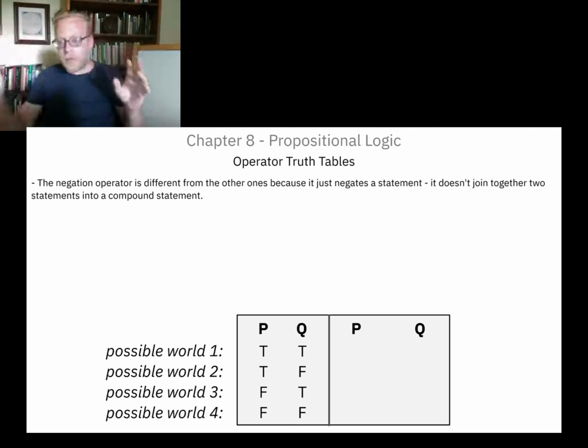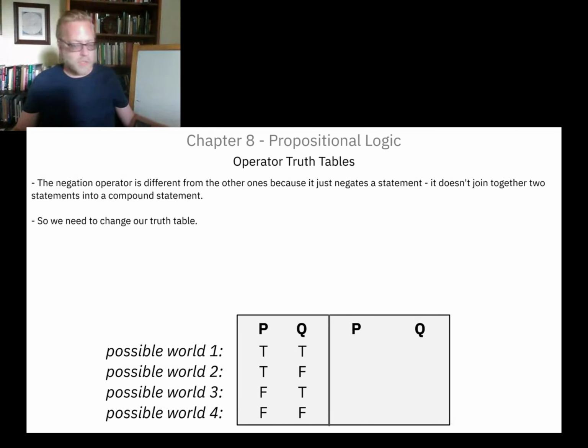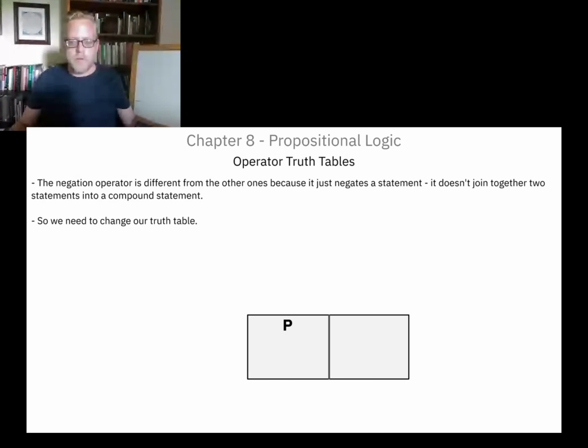P and Q makes sense. P or Q makes sense. If P, then Q makes sense. P not Q doesn't make any sense. So we need to simplify things here. We need to change the truth table because we're not dealing with two variables now. We're dealing with just one variable, because we're just negating a simple statement with our negation operator.